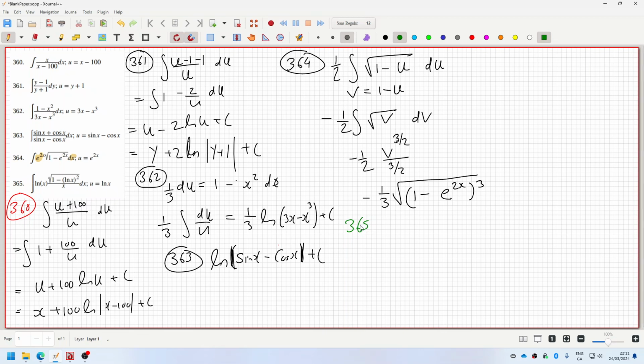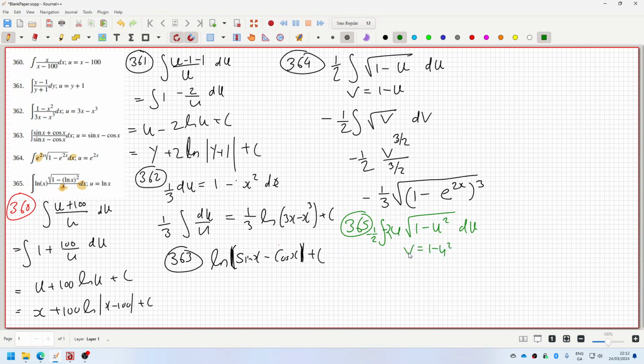365. u equals log x and du dx is 1 over x. So this 1 over x dx, that becomes the du. So that becomes integration of u root 1 minus u squared du. And then I'll put a minus a half here and a minus 2 here and say v equals 1 minus u squared.